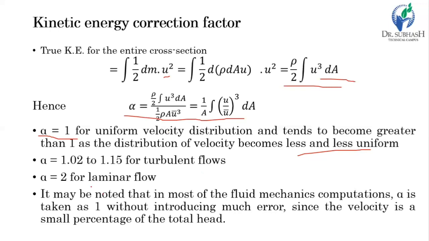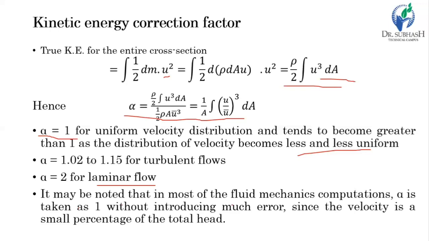And alpha equals 2 for the laminar flow, because in laminar flow the velocity in contact with the solid surface is equal to 0, and it is maximum at the center of the pipe.